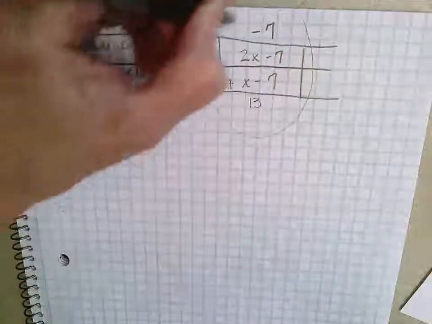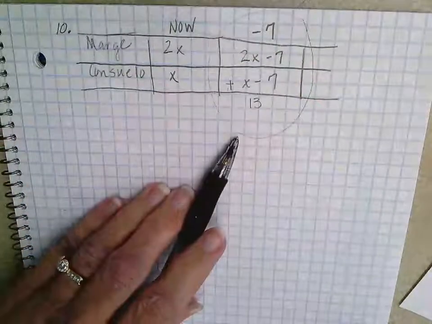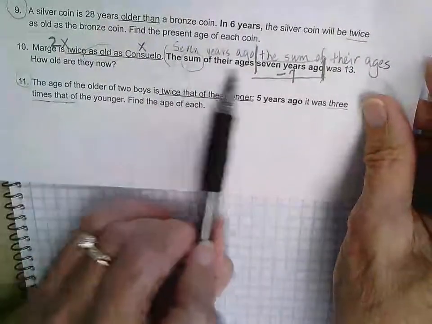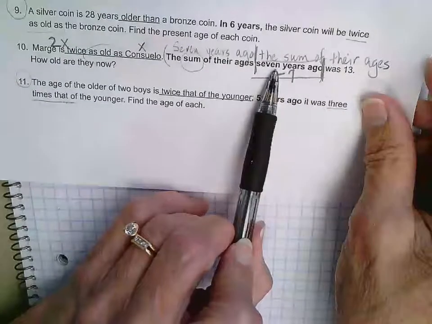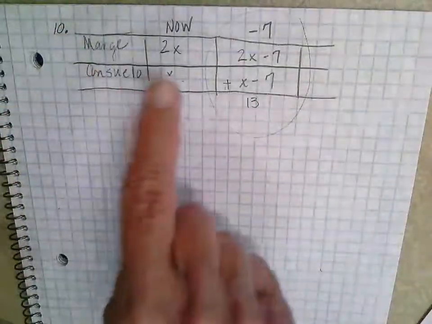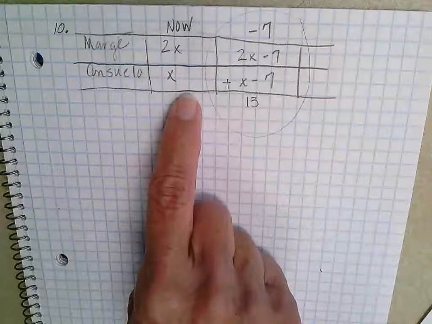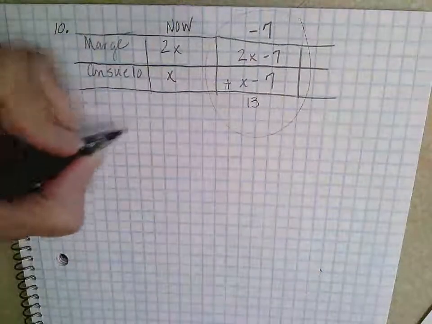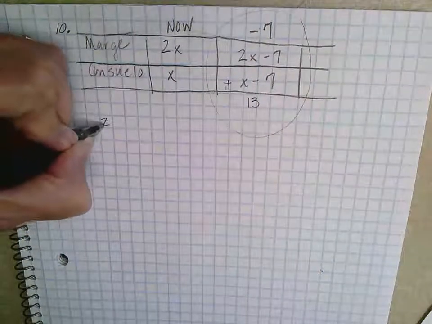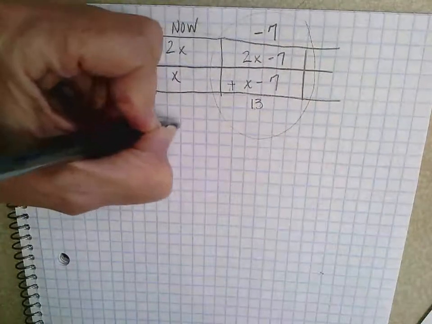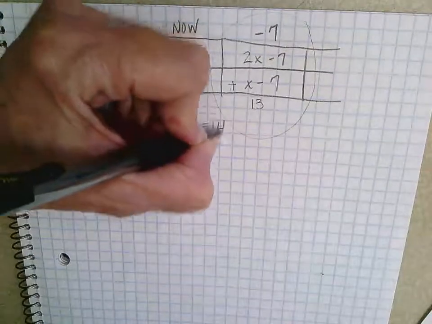So I'm going to be focusing on what is in this column for the time being, because the 13 is associated with something that occurred 7 years ago. So that's why I'm focusing on this column and not this column and setting it equal to 13. That's also why I write the 13 under this column, to remind me of that. Setting this up algebraically: 2x minus 7 plus x minus 7 equals 13.